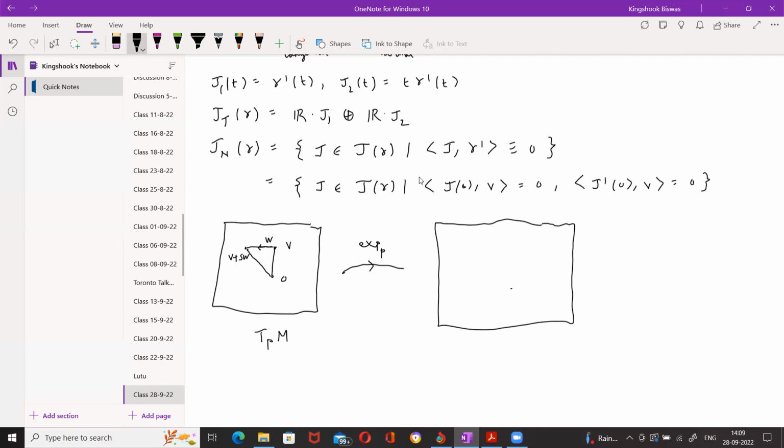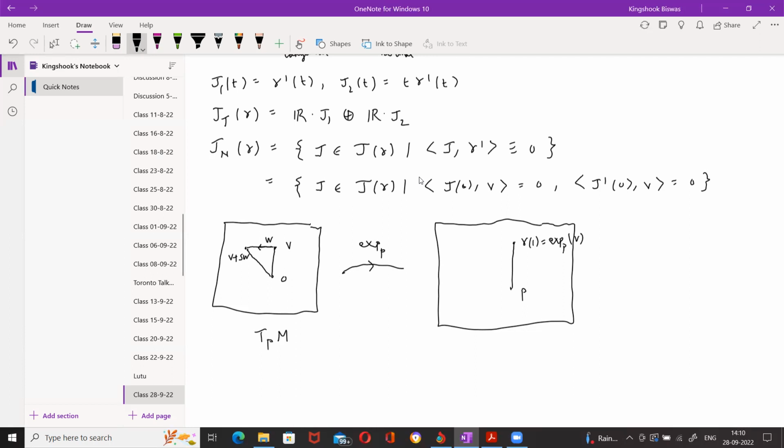So this is P, and this is, say, gamma(1), which is exp_p(v).